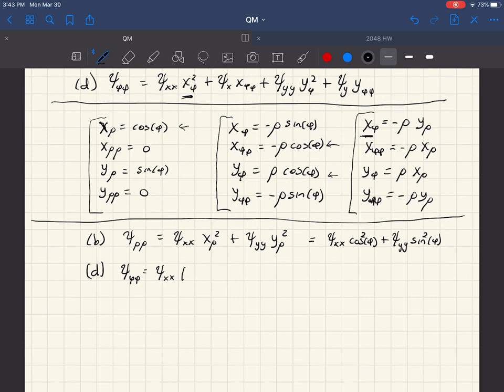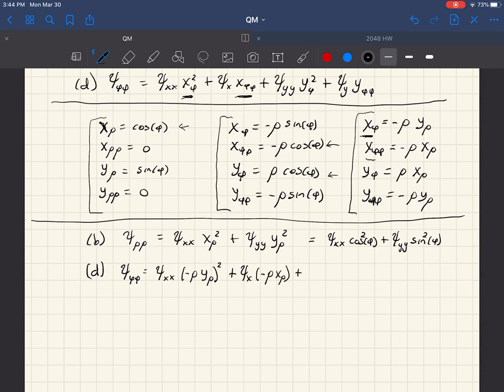So we're going to get a negative rho y rho squared plus psi of x. And this term right here is sitting right here. So we get a negative rho x rho.